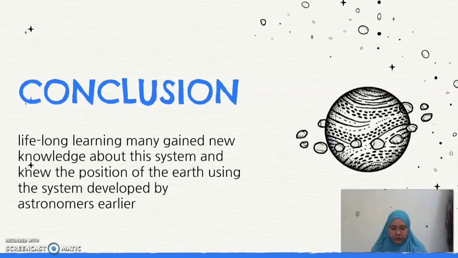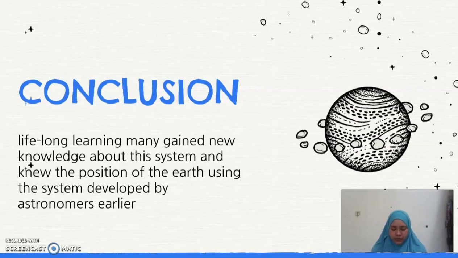Problem-based learning can develop critical thinking skills and problem-solving abilities, and help us see the good things in problem-based learning.